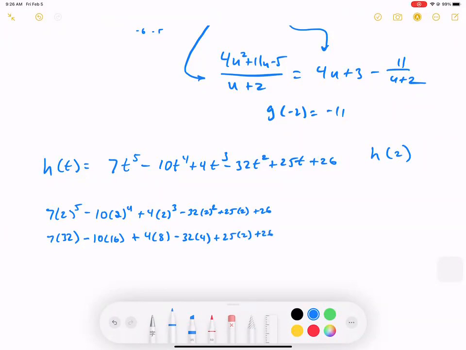Oh my goodness, a lot of you guys are saying that you're done already. Oh my gosh. Calculator time.